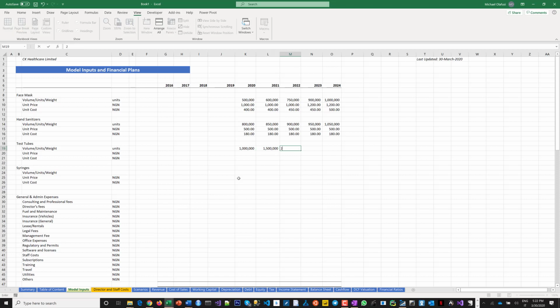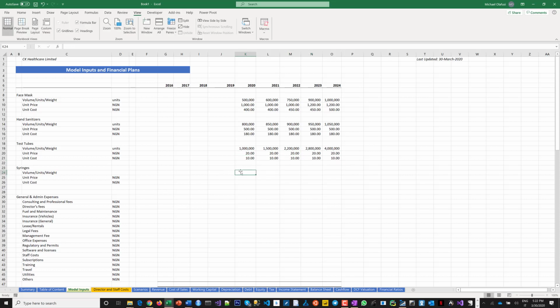The year after that they're going to do 2,200,000 units, and maybe 4 million units of test tubes. As for unit price, say they sell at a ridiculously low price, so 20 naira per test tube, and the cost of production is 10 naira.